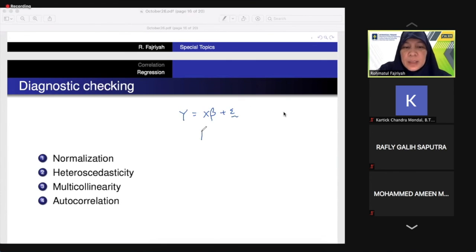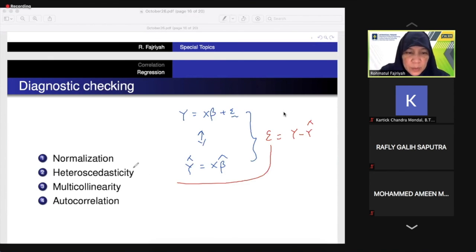And then your estimation is y-hat equal to xb, something like this. Based on these two, you can compute the error or residual, which is equal to y minus y-hat. Okay, so this one has to fulfill all these requirements.